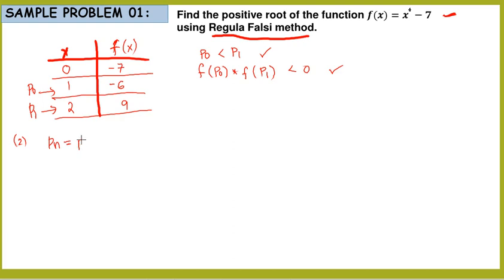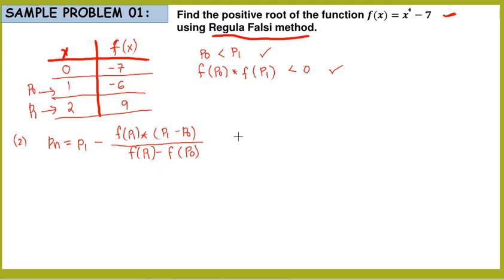So, yung Pn is equal to P1 minus the function of P1 multiplied by P1 minus P0 over the function of P1 minus the function of P0. Okay? So, we have values, yung mga function natin, and yung P1 and P0 natin.